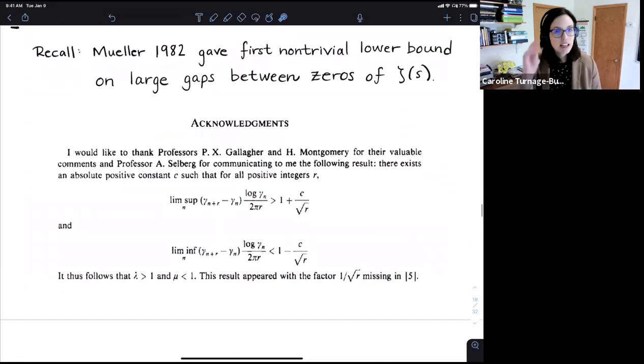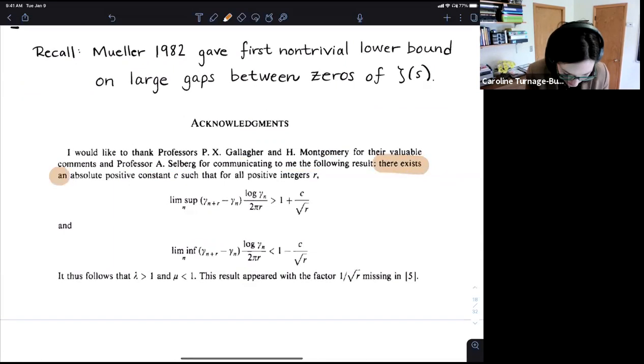But then, if you have a good memory, I told you that Mueller was the first to give a result on large gaps between zeros. And in her paper, in the acknowledgement section, she thanks Gallagher, Montgomery and Selberg for communicating to her the following result. All right, so this is different.